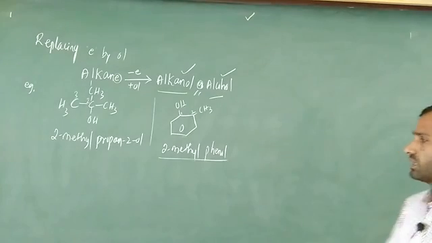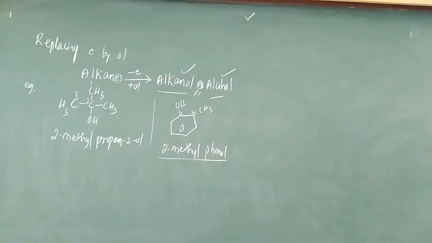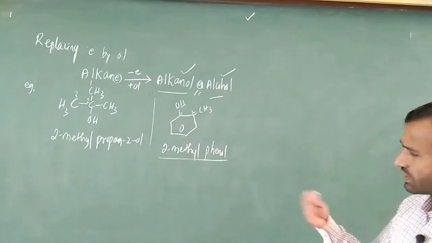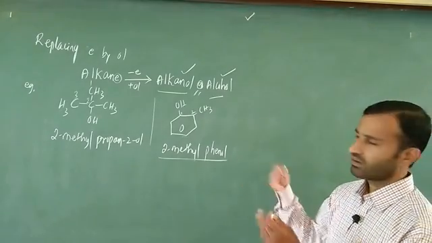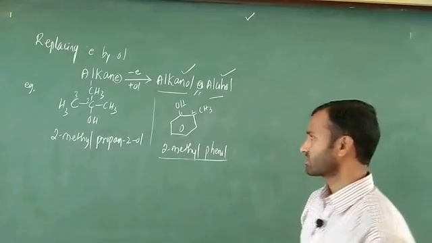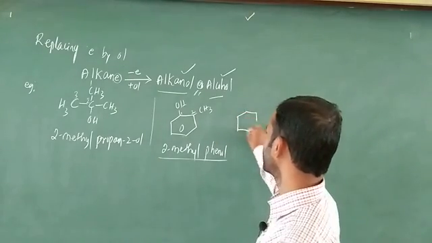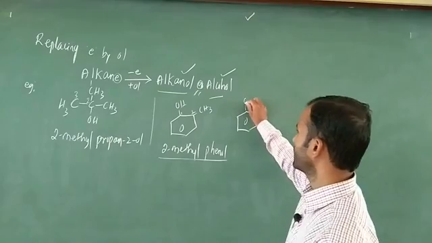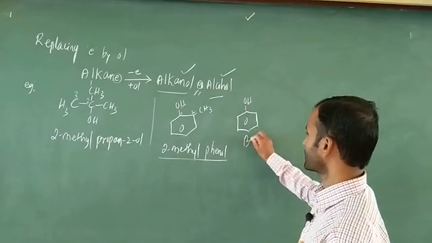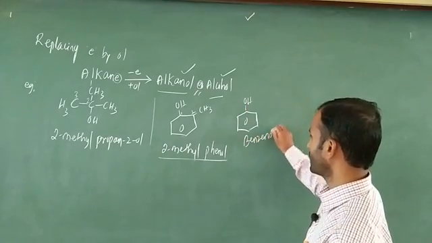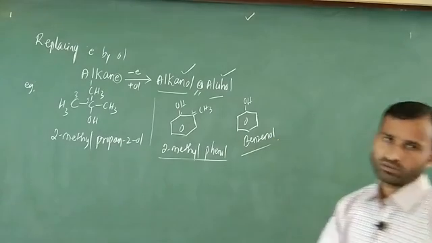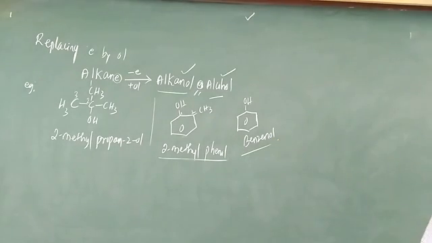But actually phenol is not an IUPAC name, but generally we call it phenol. The exact IUPAC nomenclature of phenol is different. This is OH. The exact IUPAC nomenclature of phenol is benzenol. 2-methyl benzenol is also right.